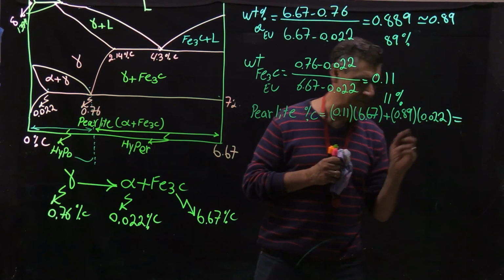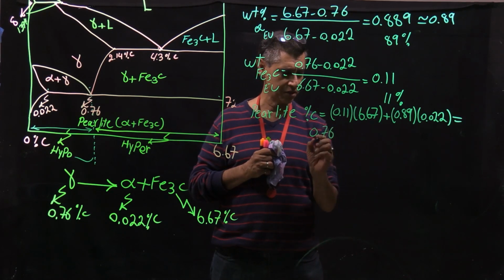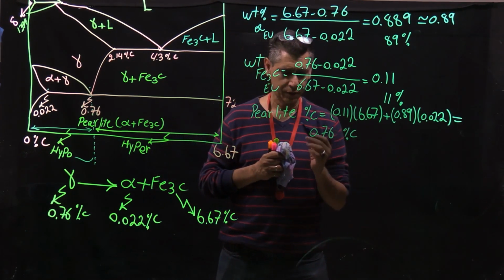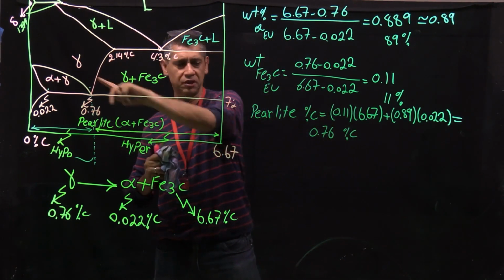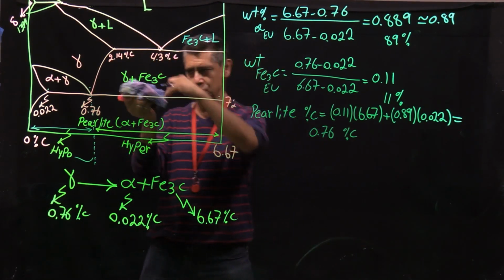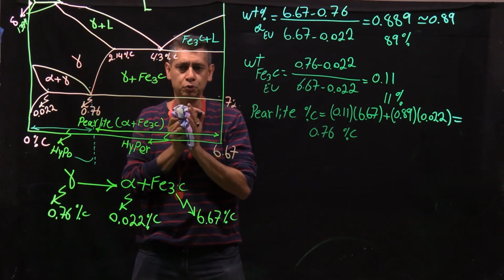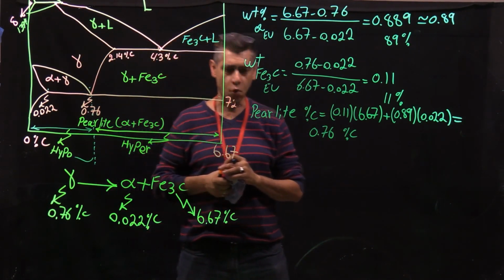If you add them, I guarantee the value becomes 0.76, and there is no coincidence, because the mother of this pearlite is austenite, and austenite has the same amount of carbon content. Obviously, the carbon does not fly or vaporize; it stays in the system. It just goes to two different constituents, one with higher carbon, one with lower carbon.